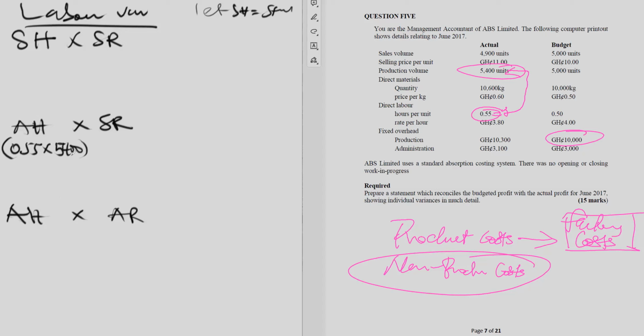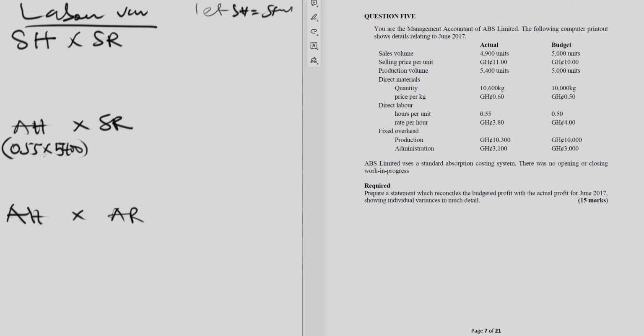Okay. And this one, we could even pick it from the earlier question that we were dealing with, because we got the figures from there. So 0.55 by 54, that's 2970, which we got earlier. You remember?